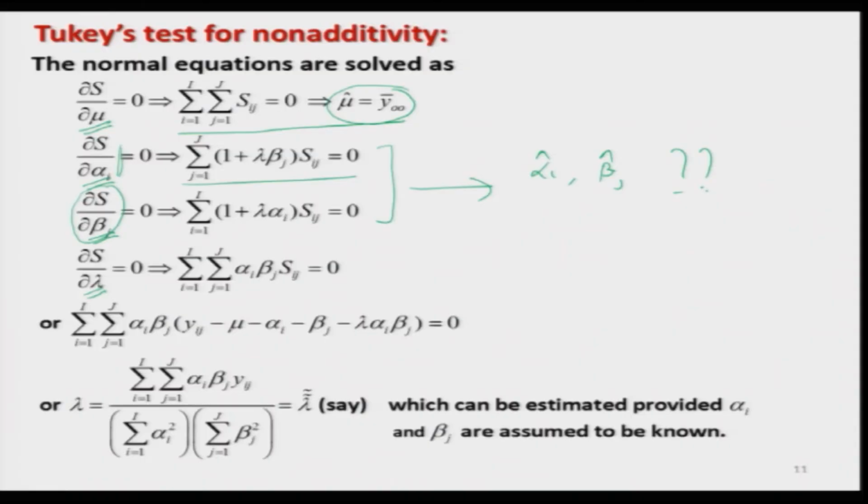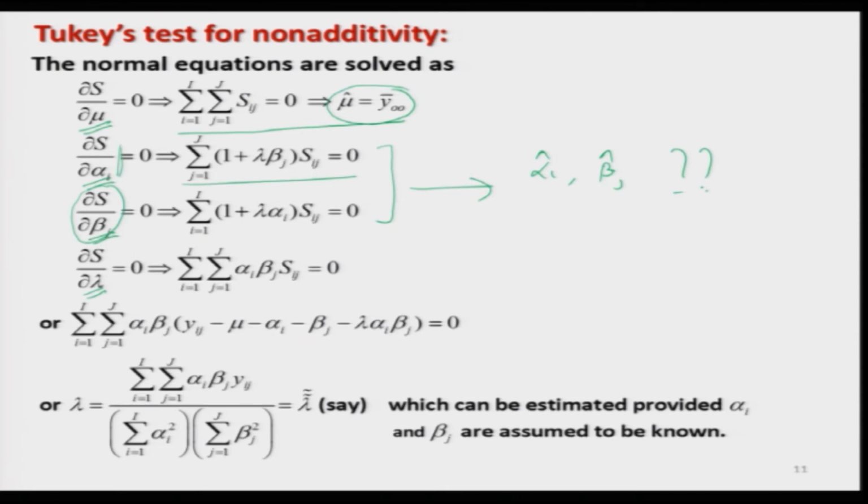You will see that you cannot obtain it here. You will get something, but you will not get an estimator of alpha i or beta j, even if you use the conditions summation alpha i equal to 0 and summation beta j equal to 0, because this is actually a non-linear model.